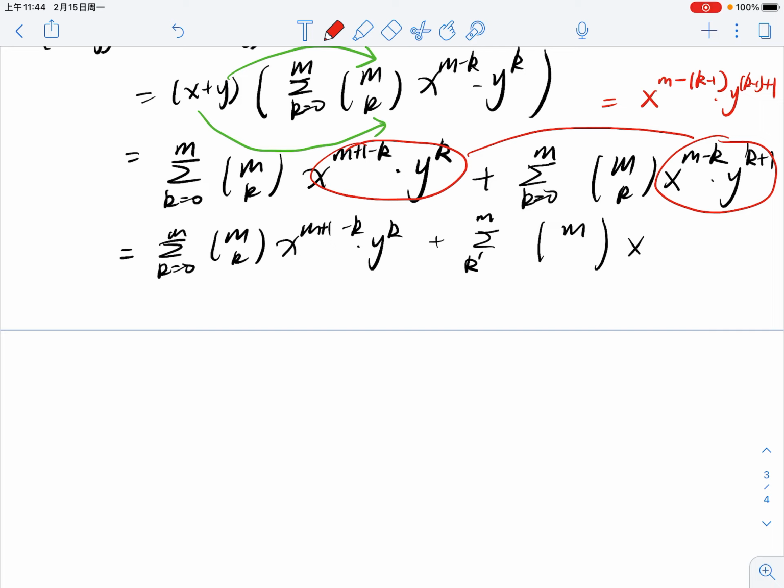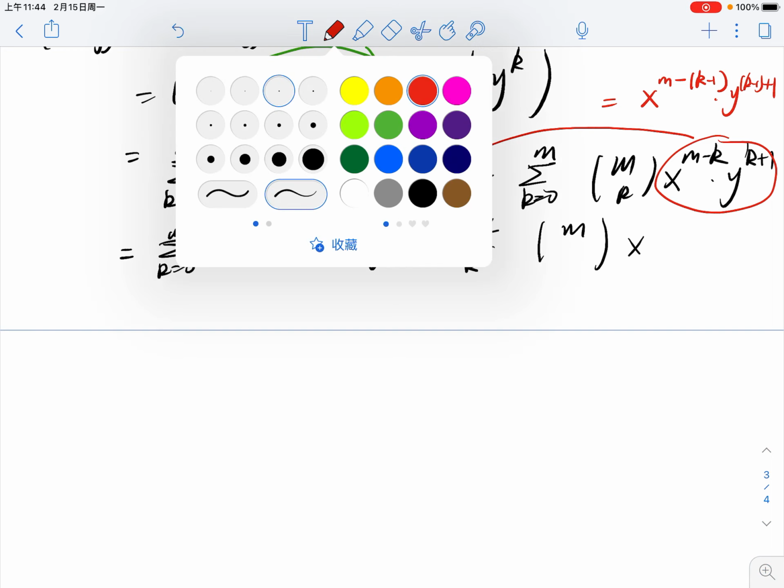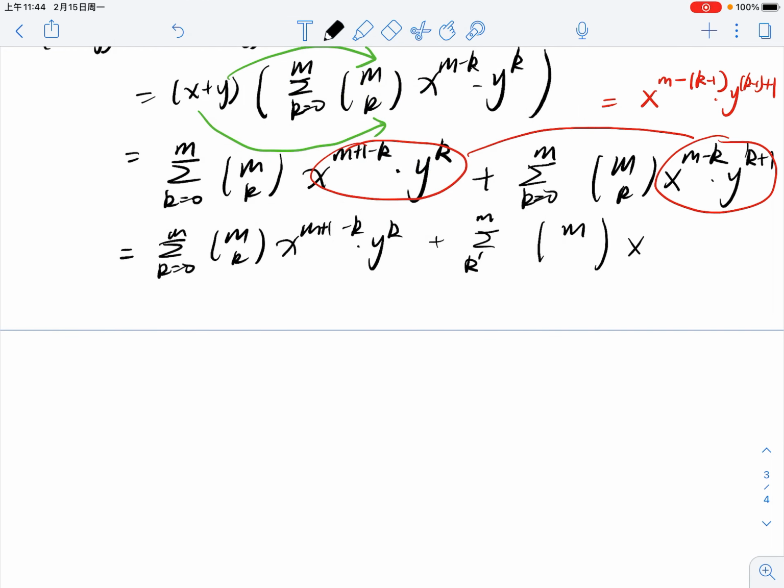Okay, how to combine it? So here we introduce a new variable like k prime, or shift k by 1 in some regular language. So let's see. Let k prime be k plus 1.